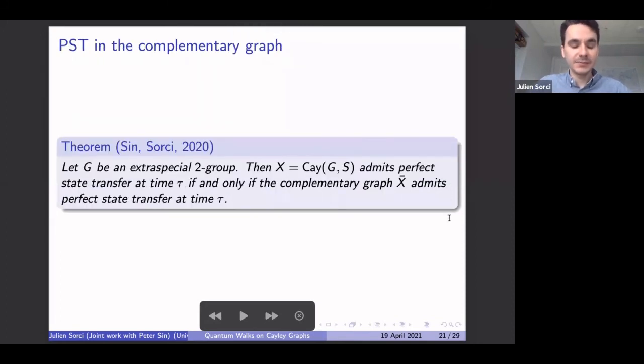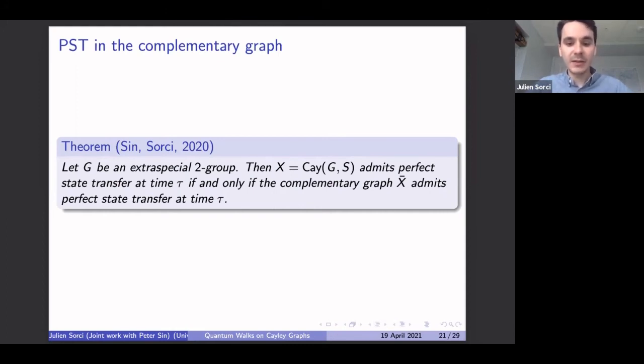Another thing that's nice has to do with the complementary graph of the graph. One of the things we showed is that for these extra special 2-groups, these Cayley graphs will admit perfect state transfer if and only if the complementary graph admits perfect state transfer at the same time.